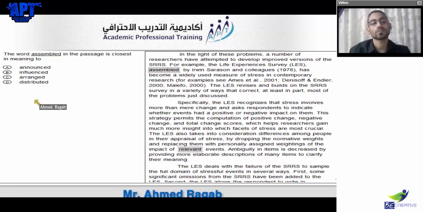Now the word "assembled" in the passage is close in meaning to: announced, influenced, arranged, distributed. Let's read it. In the light of these problems, a number of researchers have attempted to develop improved versions of SRRS.